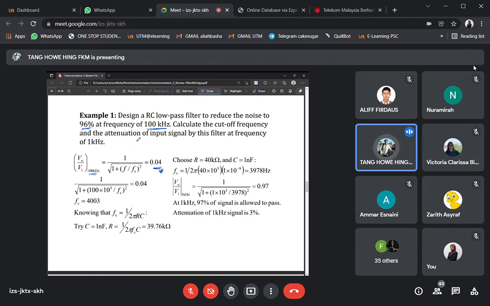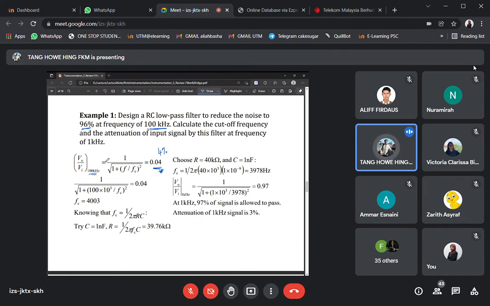So that is only 4%. For 4% is 0.04, so that's why, for output over input, there is a suppression. If input is 100%, then output will become 4%. So Vout over Vi will be 4% at 100 kilohertz.